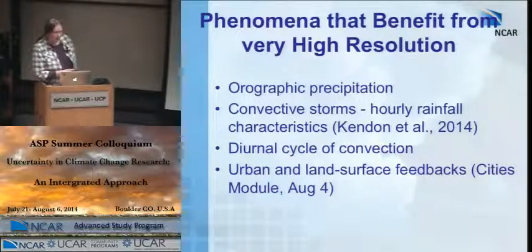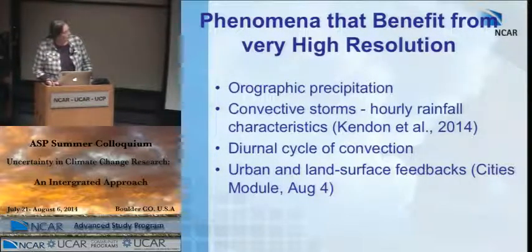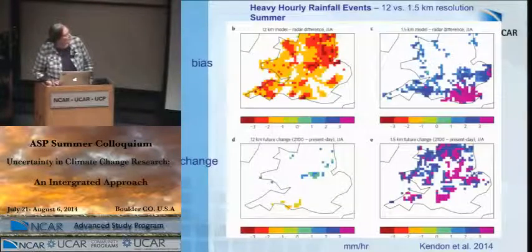Diurnal cycle of convection: it's very difficult to get that even out of 50 kilometers, or even, as it turns out, 12. Also urban and land surface feedbacks, and in our cities module, Andy Monahan will be talking about that, where using a high resolution may really get you somewhere that's important to get to.